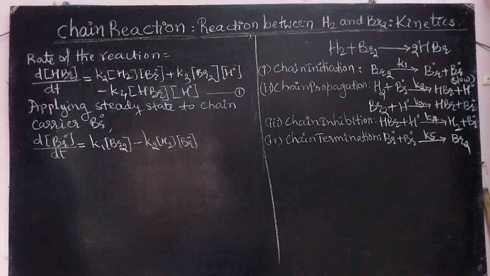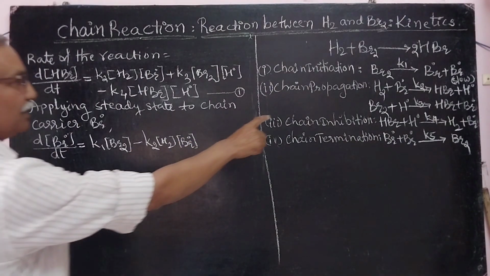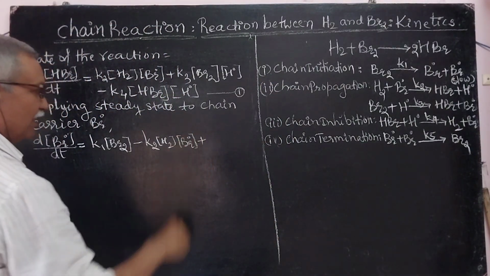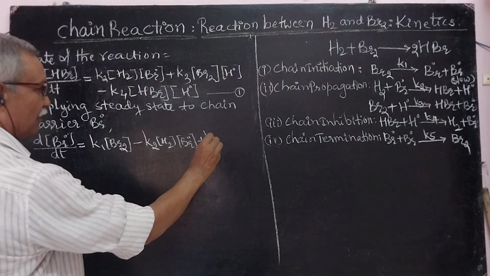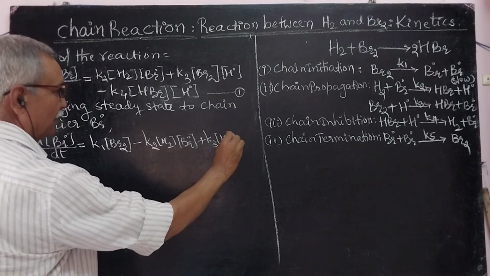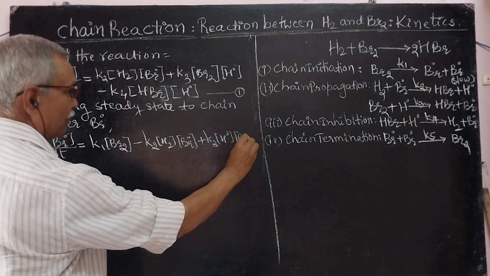Here Br dot is absorbed, and even in this reaction Br dot is formed. You may take it as plus, that is K3 into concentration of H dot into concentration of Br2.